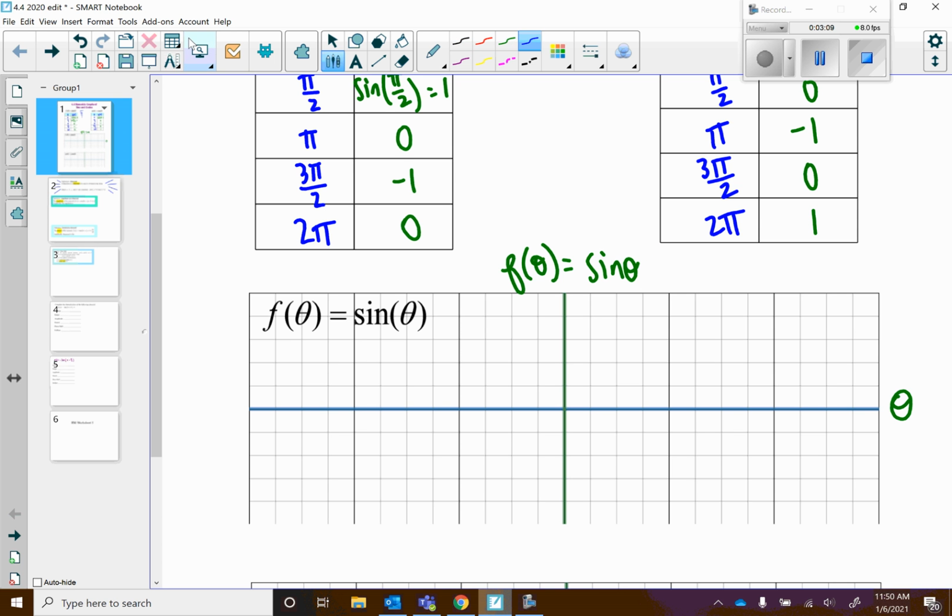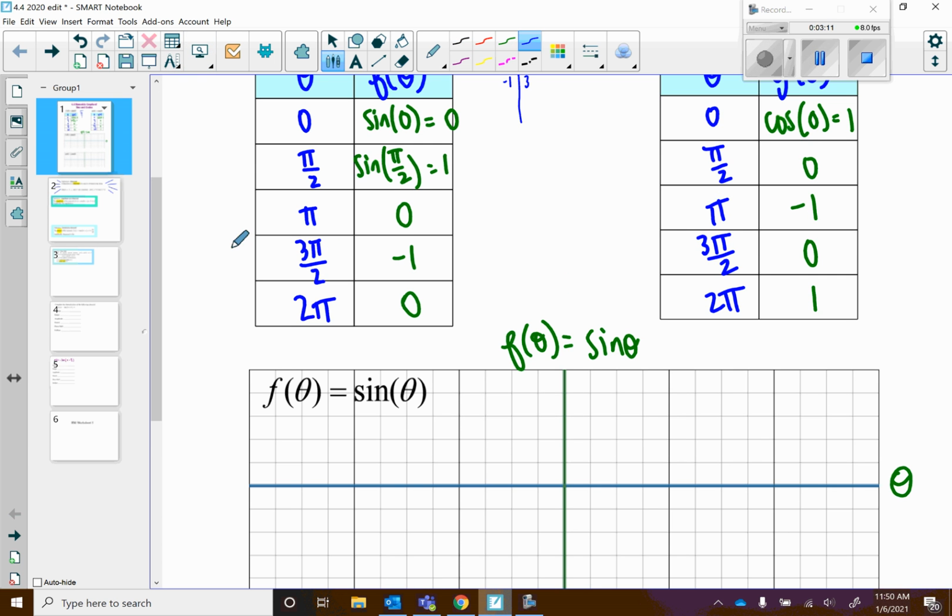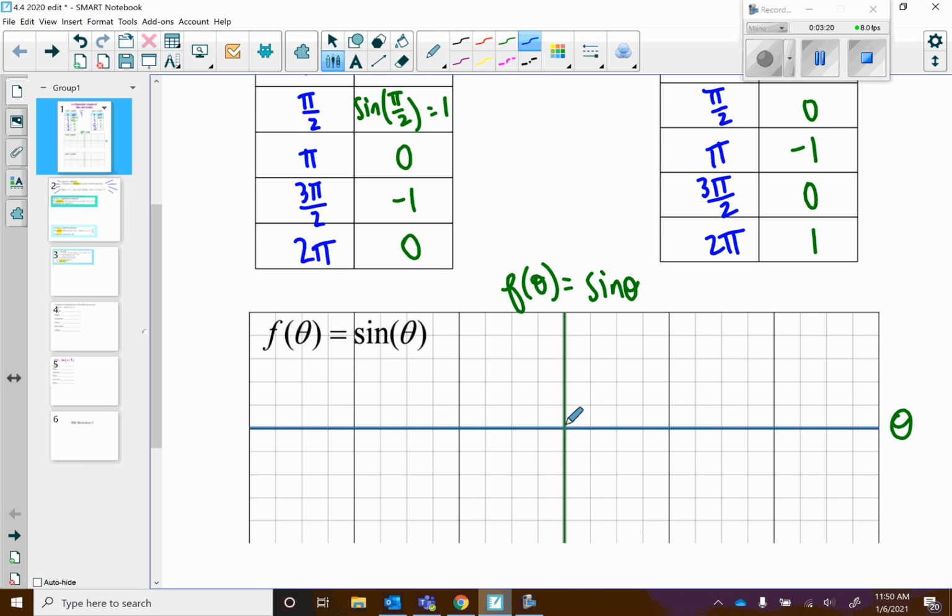If we look at our theta angle measures, they go from 0 to 2 pi. So I'm going to simply put 0 is still the origin, right? 0 is still here. And I'm going to say here is 2 pi, which means pi is halfway. Pi over 2 is halfway between 0 and pi. And then 3 pi over 2 is right there.